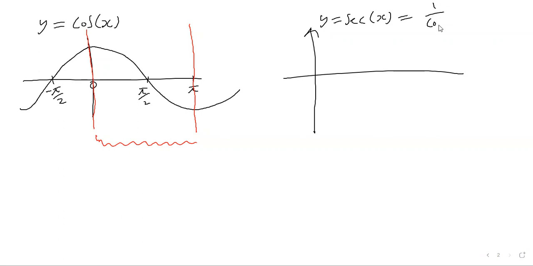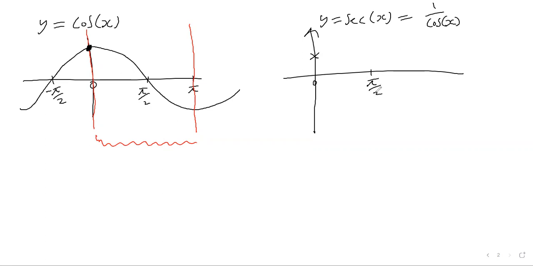By picking out some key cos values from this cos graph, we can tell that cos of 0 is 1, so 1 divided by 1 gives us 1. Therefore, when x is 0, we get a sec value of 1. Now let's go to pi over 2, which is over there.